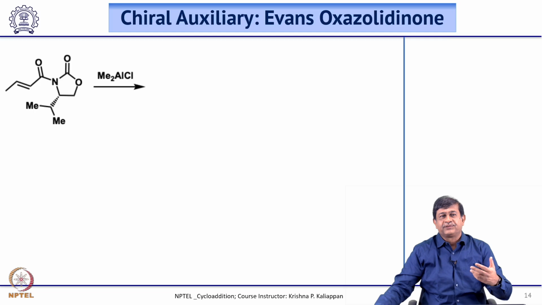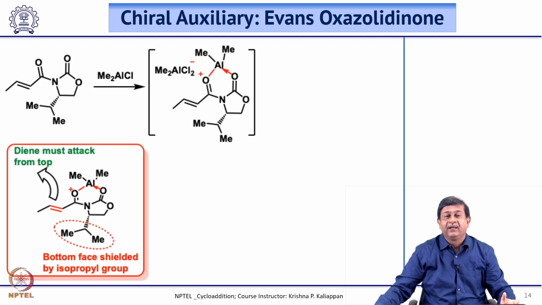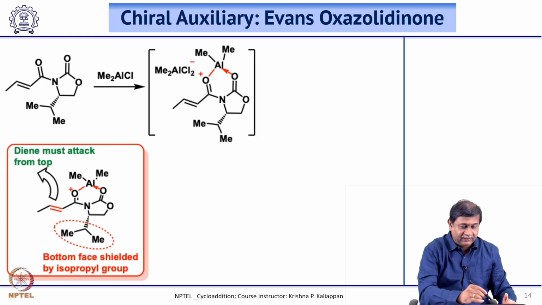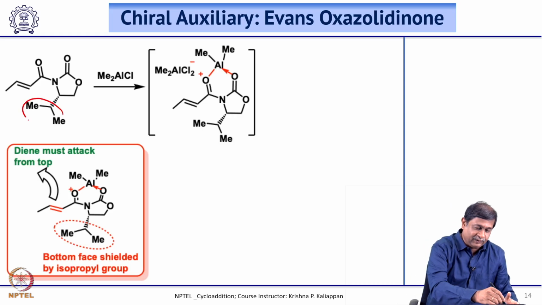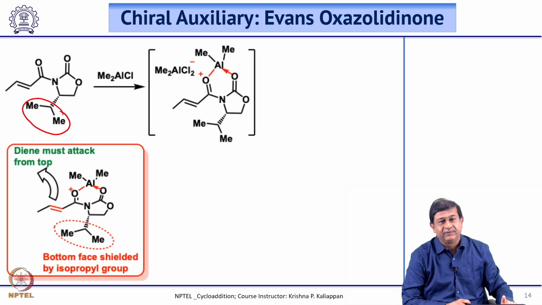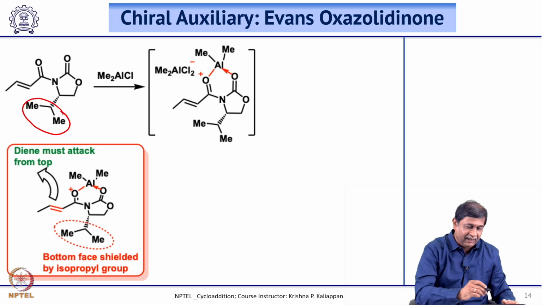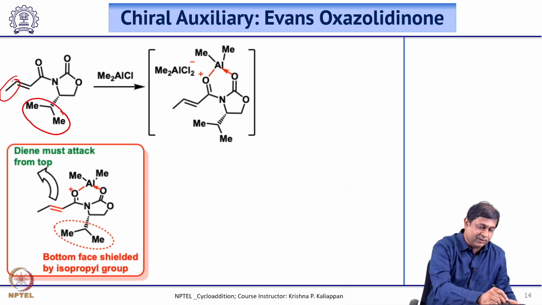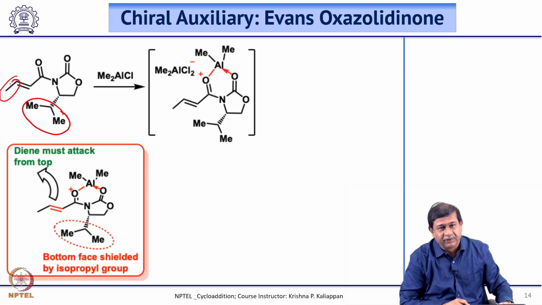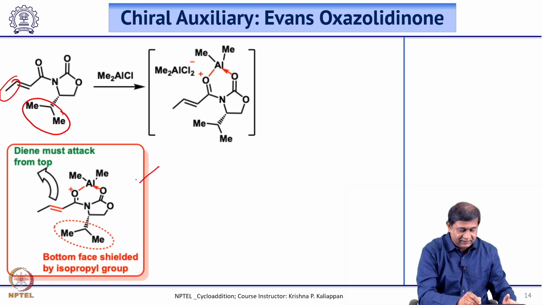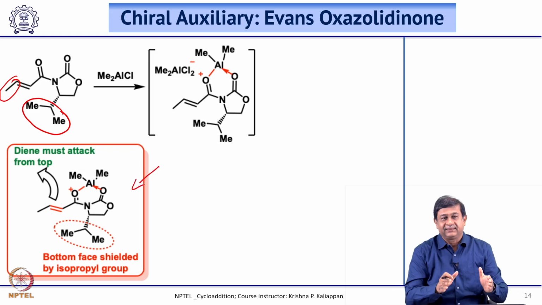Likewise, you can also use cyclopentadiene as a diene, and a similar transient state. You can see here what the difference is. There you have used a benzyl group, here we have used an isopropyl group, and in the dienophile also we have one extra methyl group, and you can see this is the transient state. Okay.